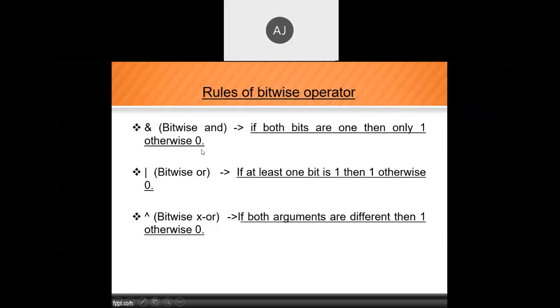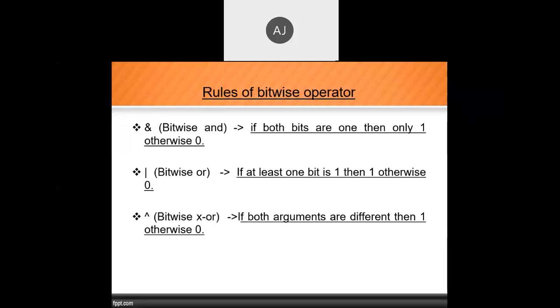Assume we have two inputs: 1 1, we get 1. If we have 1 0, we get 0. If we have 0 1, we get 0. If we have 0 0, we get 0. That means if the first bit is 1 and the second bit is 1, the result will be 1.